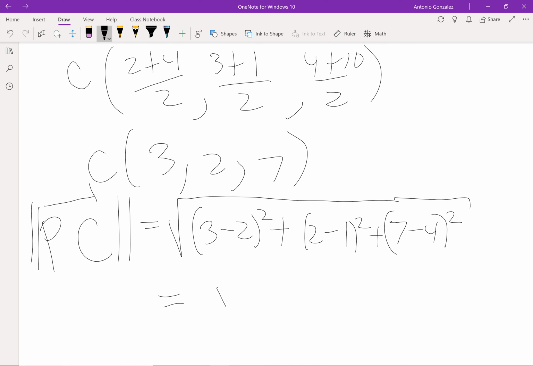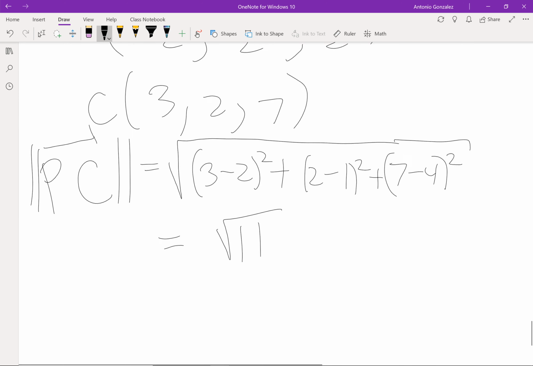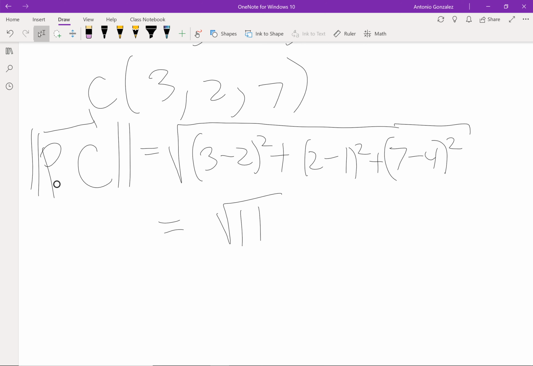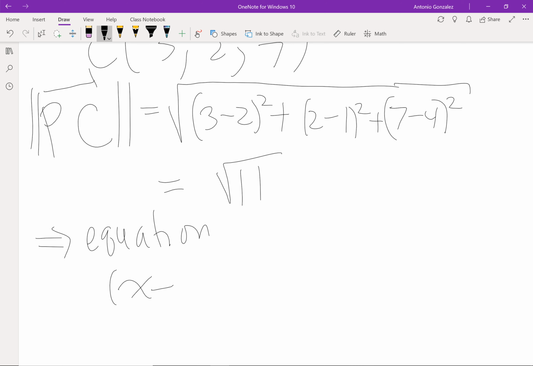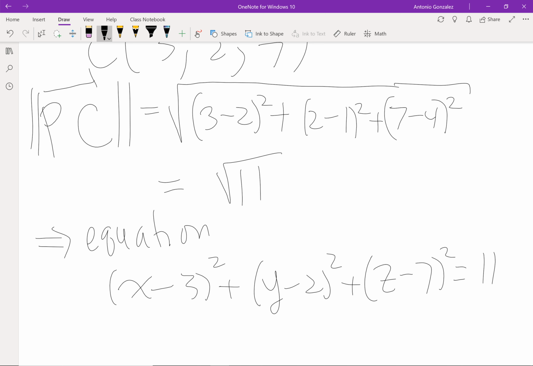Okay, and we get there square root of 11. Okay, so now I have all the components for my equation. So the equation is (x minus 3) squared plus (y minus 2) squared plus (z minus 7) squared equals 11.